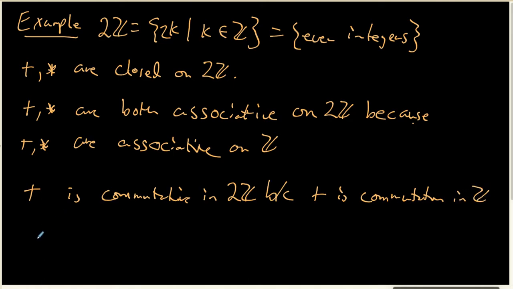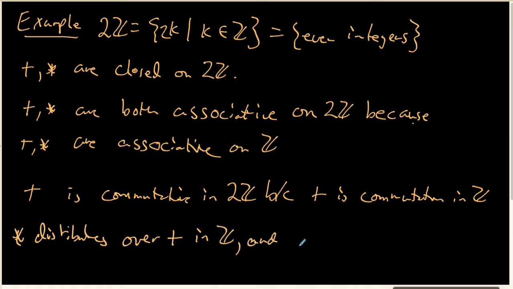And I know that multiplication distributes over addition in Z, and so that means multiplication distributes over plus inside 2Z as well.